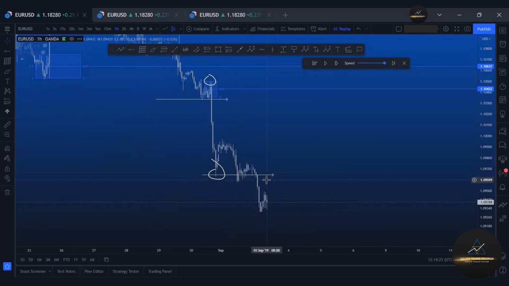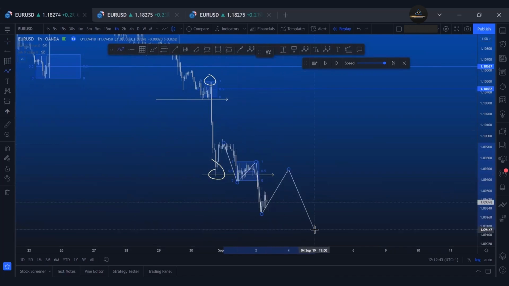And what was the move that broke structure? It was, in fact, again, you guessed it, this banker block based on this previous leg up. This is the previous leg up before the structure break. This is a structure break. So now we're expecting a retest towards this area, and then we sell the market.